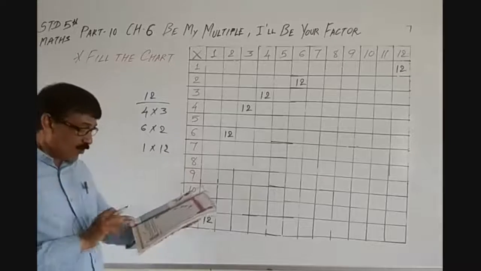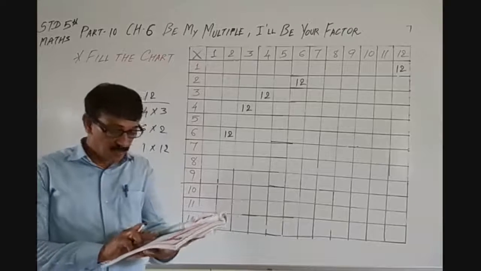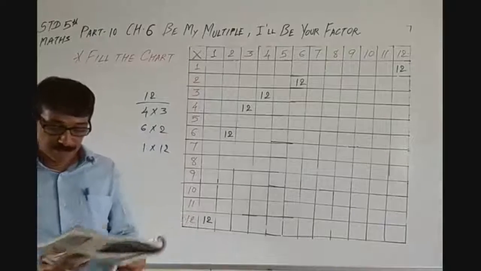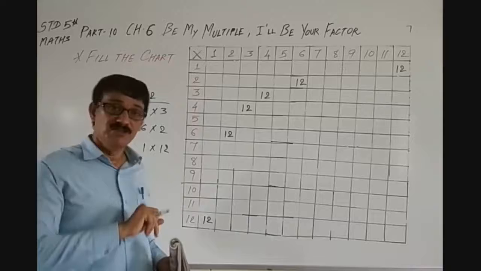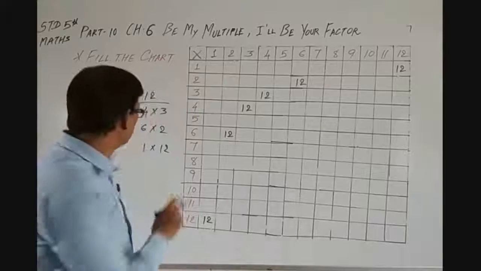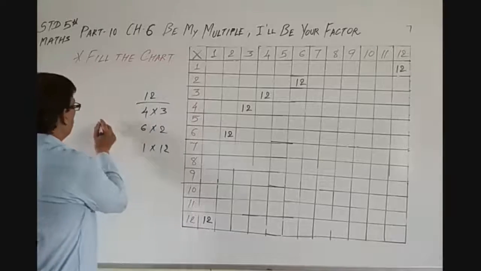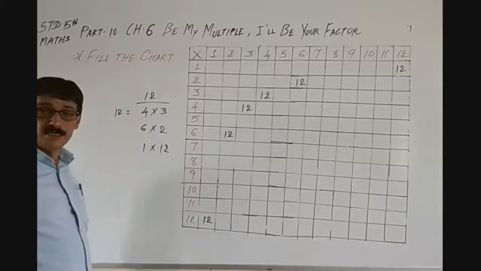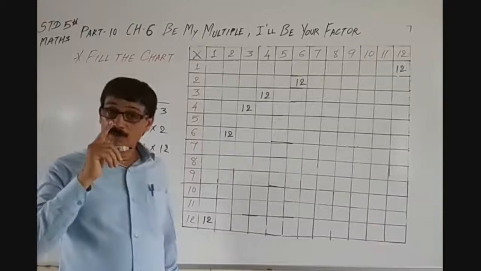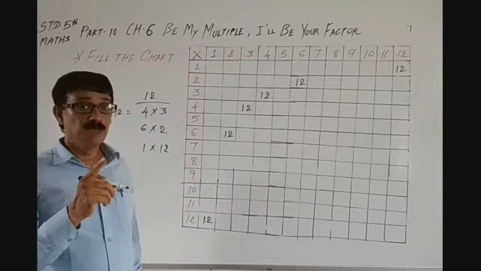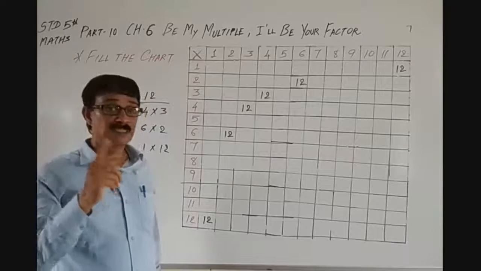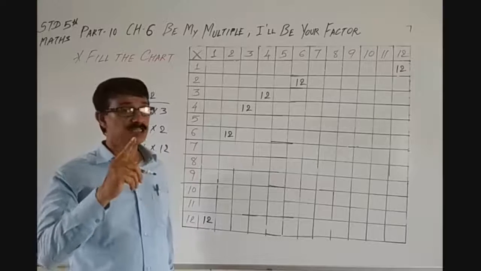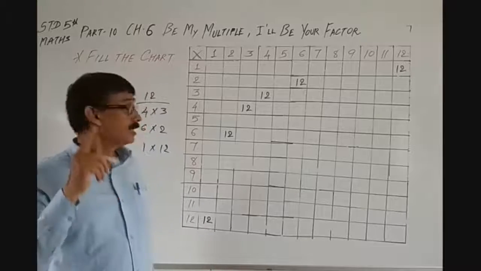Now look into this. 12 is equal to 4 multiplied by 3. So 12 is a multiple of both 4 and 3. Now listen to me very carefully and try to understand multiples and factors. By this time, we are understanding multiples and factors.